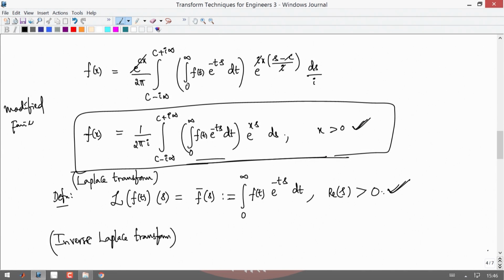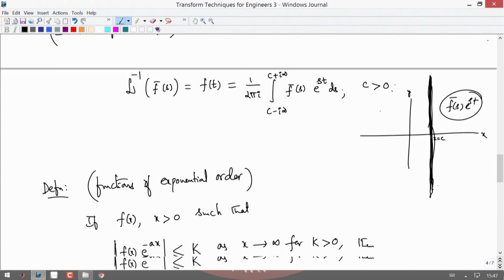Now it is valid not just for absolutely integrable functions f(x), but also for constant functions and exponential functions of some order. So you basically extended the class of definition of f. The domain of this integral theorem, the class of functions which are valid here, you extend to a bigger class.